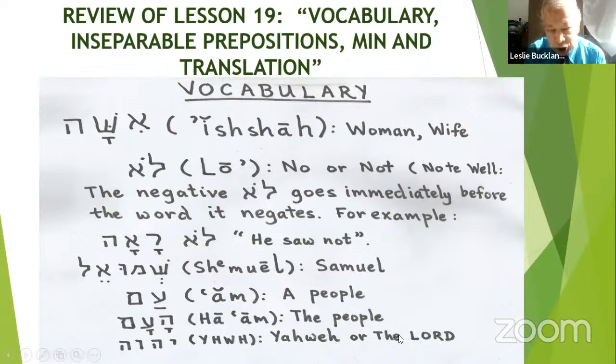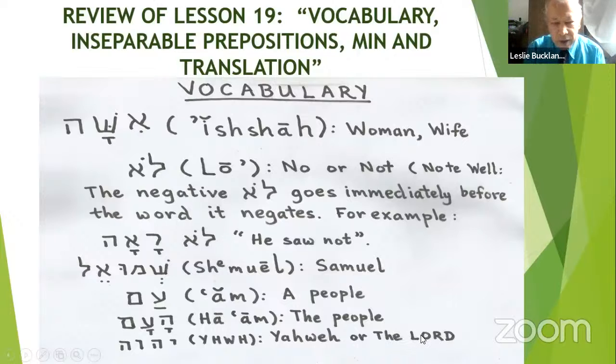In translation into English, the English translators follow the custom of the Hebrews that in about the 3rd century before Jesus was born, they were afraid that anyone would take the Lord's name in vain or misuse it. So they decided that instead of saying Yahweh, they would use the Hebrew word that is translated into English as the Lord.